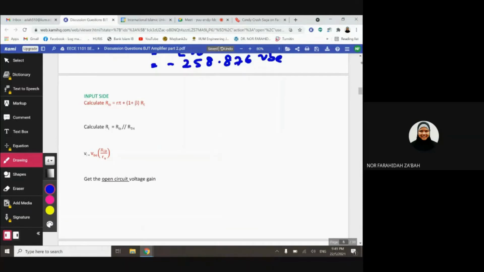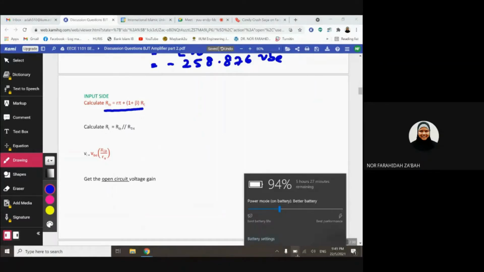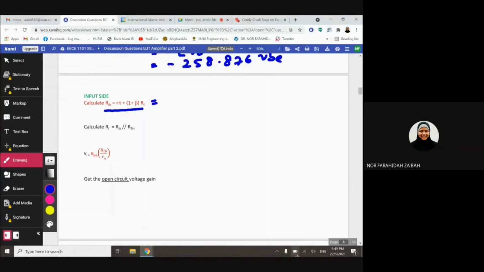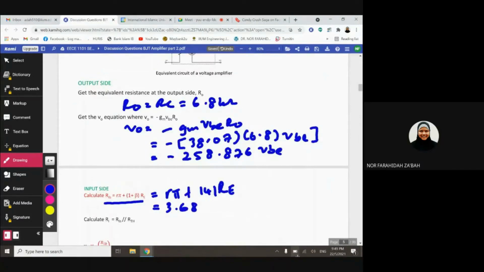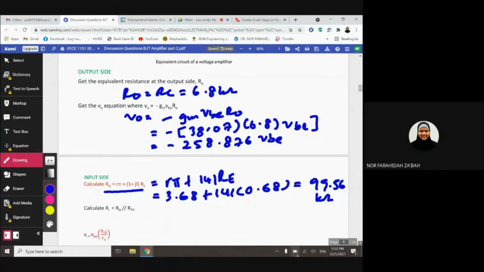Next, the input side. This is the uniqueness of common emitter with RE. You have to calculate RIB. So RIB is this equation, and what you're going to get is 3.68 plus 140 times 0.68. You will get 99.56 kilo ohm. Then Ri is equivalent to RIB parallel with RTH.